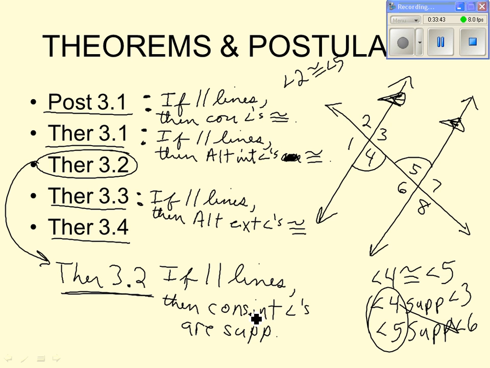Consecutive interior angles. So if it confuses you, then write it out a little more, right? Maybe write consec or something. You wrote it out. For your notes, that might be the best thing, so when you're reading back over it, right? On 3-4.